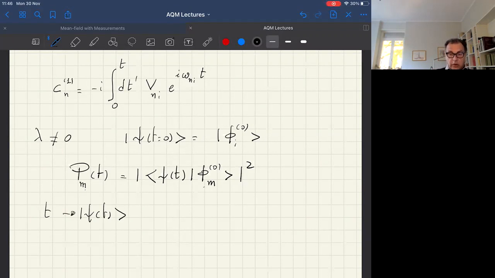Then I want to know the probability to find at time t the system in one of the eigenstates. So I have to take the scalar product of psi of t with phi 0 of M, and then take the square.